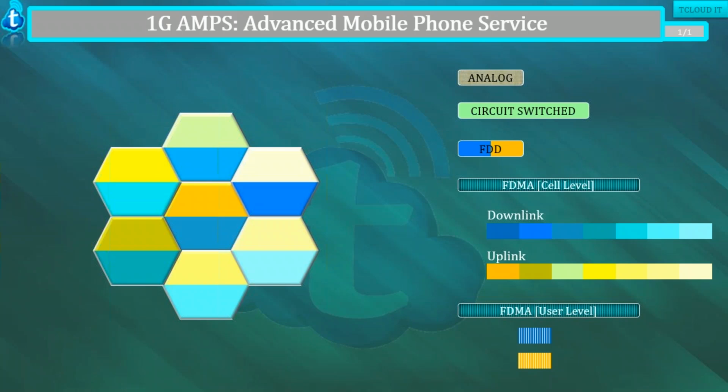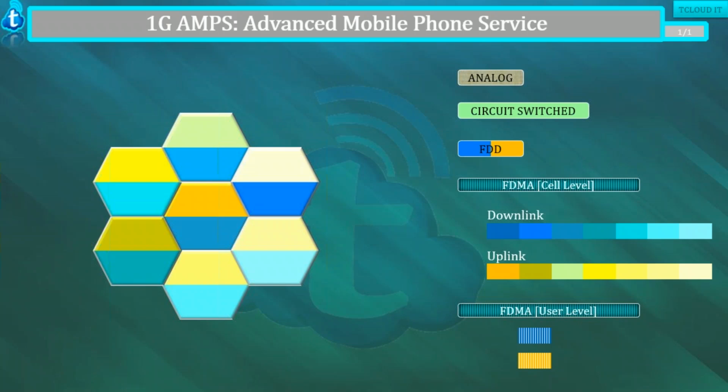Of course, this 1G technology was using something called a circuit switching mechanism. So what does this circuit switching mechanism mean? Before we start a conversation or a call, there must be a logical circuit established between your mobile phone and the other mobile phone in conversation.